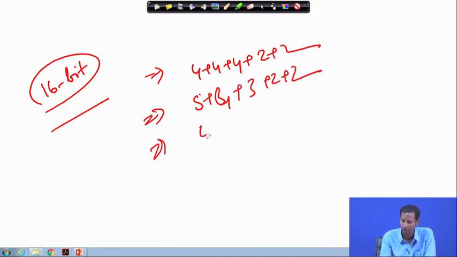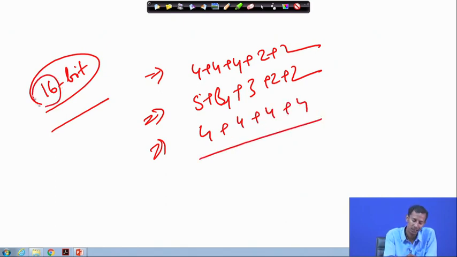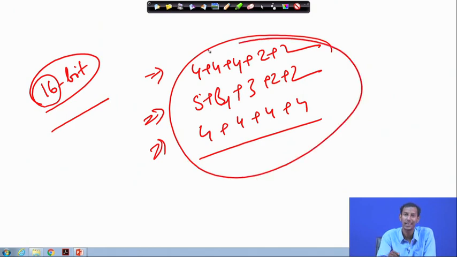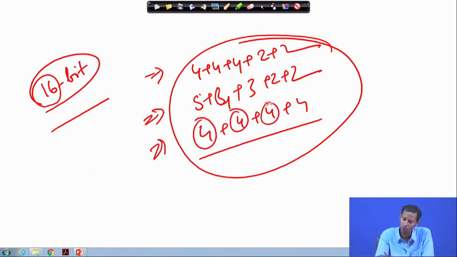So you can group the 16 bits in combinations of groups with different numbers of bits.